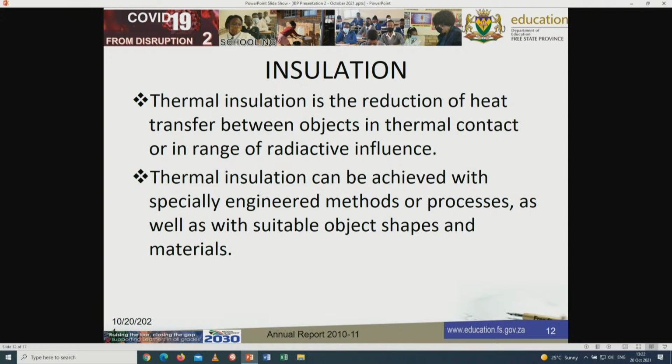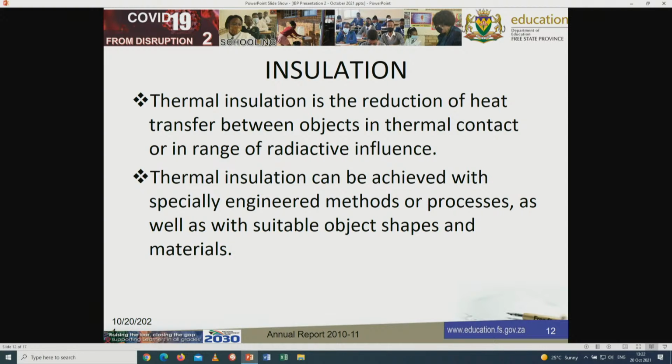In other words, we must be able to use materials that can save more energy from being released to the environment. Thermal insulation can be achieved with special engineered methods or process, as well with suitable objects, shapes, and materials, as I said.